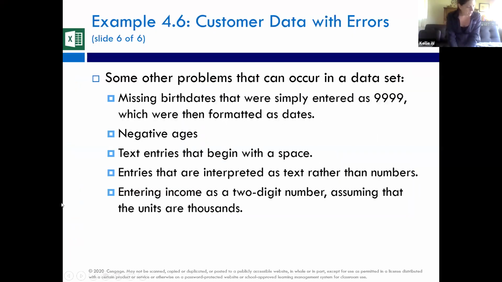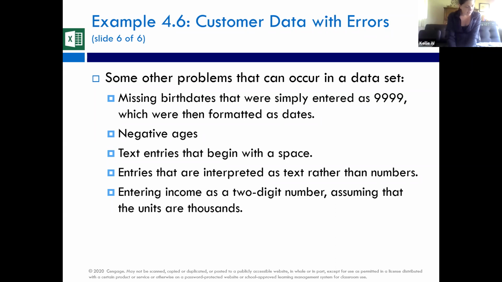Okay, so birth dates. We can sort on birth date, and if we did that, we would notice a bunch of people had the same birth date, beyond what is normal. If you convert birth dates to text or numerical values, you would see that a bunch of them were entered as 9999.